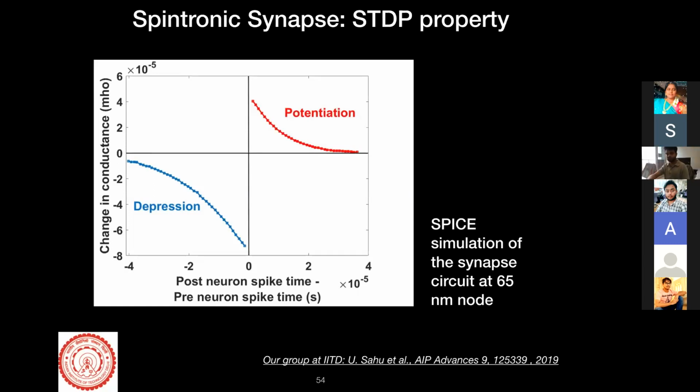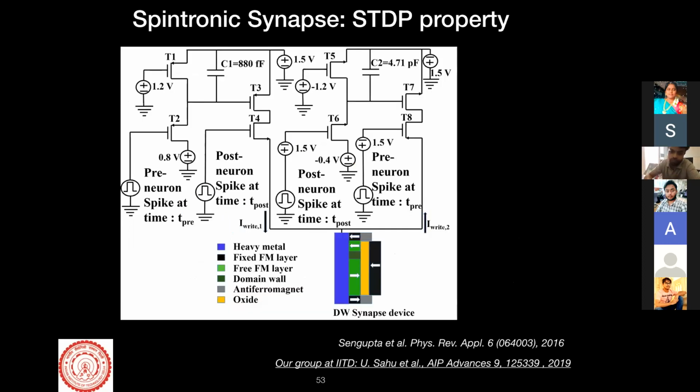Vice versa, if my postsynaptic neuron fires first and then my presynaptic neuron fires, it was probably a misfire, so I decrease the weight. Exactly. So it's done locally in the system.